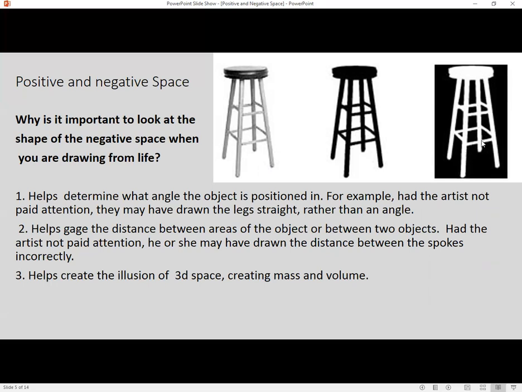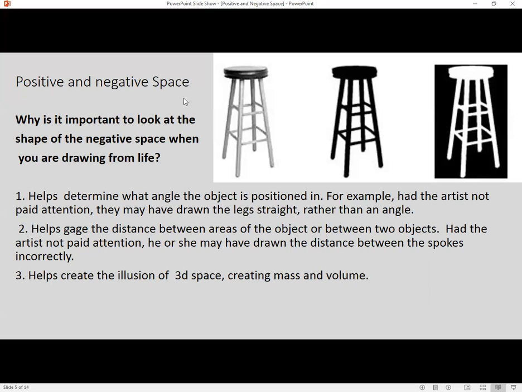If we look at the negative space that surrounds it, we notice that this leg is higher up than that leg. We can almost think of this little area right here as a triangle that those legs fit along. And then there's this trapezoid-like space in the middle. This helps you observe that things are not straight on, but are situated at different angles.